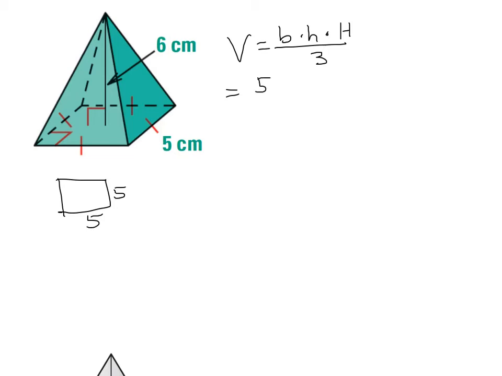So I've got 5 times 5 times the height of the pyramid, which is 6, divided by 3. When I multiply those together on top, I get 150. When I divide that by 3, I end up with 50 centimeters cubed. That's a square pyramid. Now you'll notice we're not using the slant heights on any volumes here. We're only using the real heights of the pyramids.